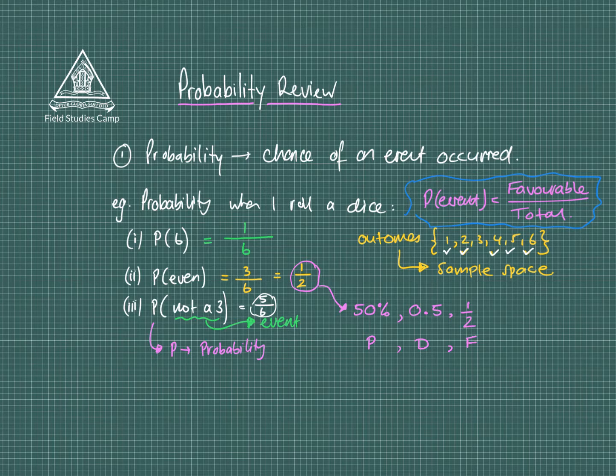And of course, on our calculator, that SD button will allow me to calculate those very quickly. It doesn't really matter which one you use. We tend to use fractions a lot, but we also use decimals. We don't tend to use percentages as much, but of course it's still correct.